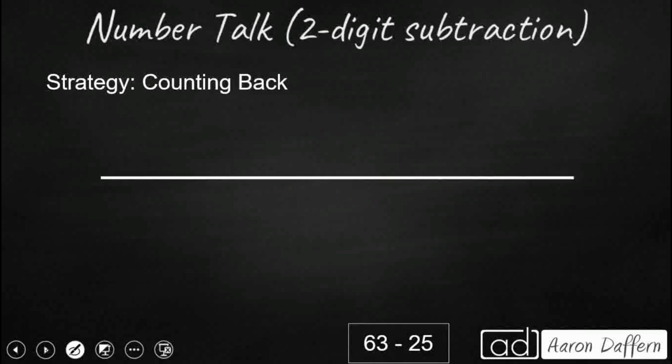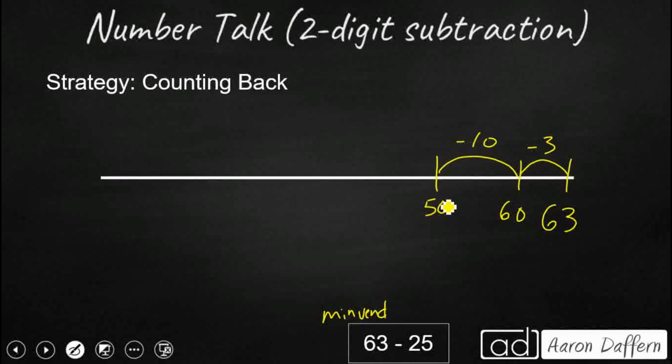Now, we can also count back. That's a lot like adding up. Except, as you could probably guess, we are going to start right here with our minuend. Remember, that's the first term. And instead of going forward, we're just going to go backwards. So let's just always go to your next 10, right below, that's a 60. Let's just do some jumps of 10. Some of us don't like that big jump of 30, so we're just going to do some jumps of 10. So that's going to be 40.